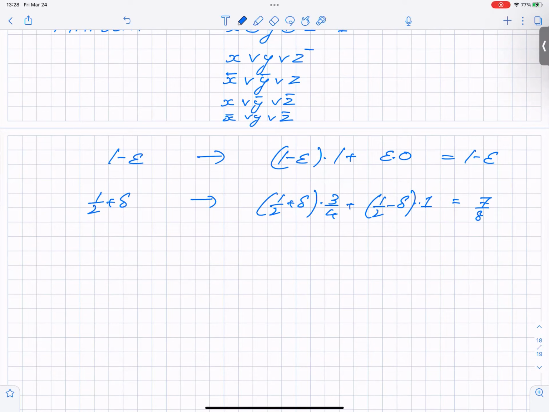Why am I getting minus delta by 4? They need a stronger reduction. Why do I need a stronger reduction? You should get to more than 7 by 8. No. So what am I doing wrong over here?